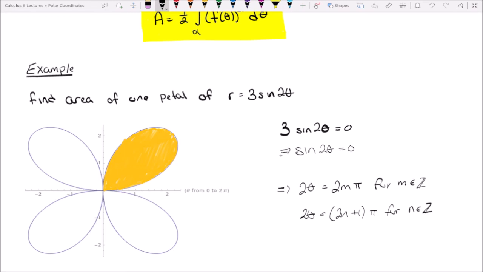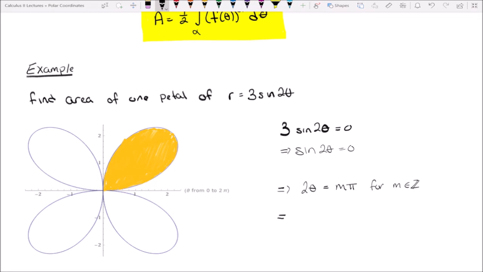So what I could have done is said that 2 theta has to be m times pi, right, for some integer m, because sine is 0 only at multiples of pi.